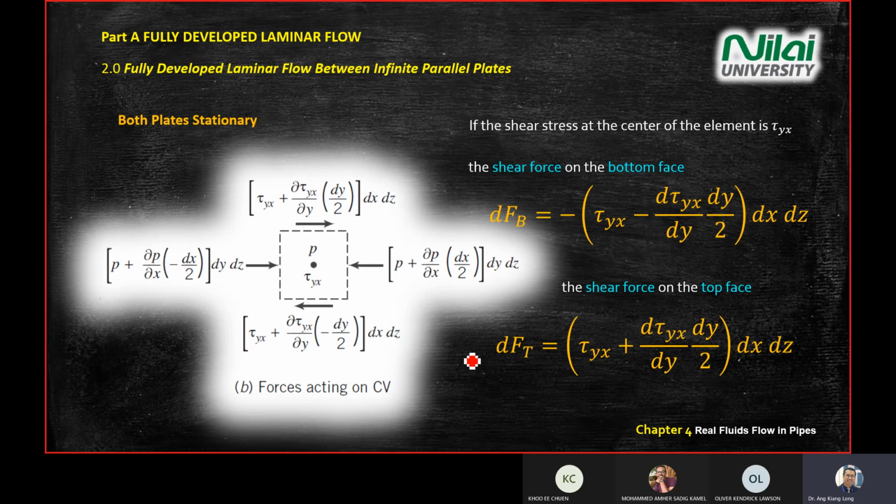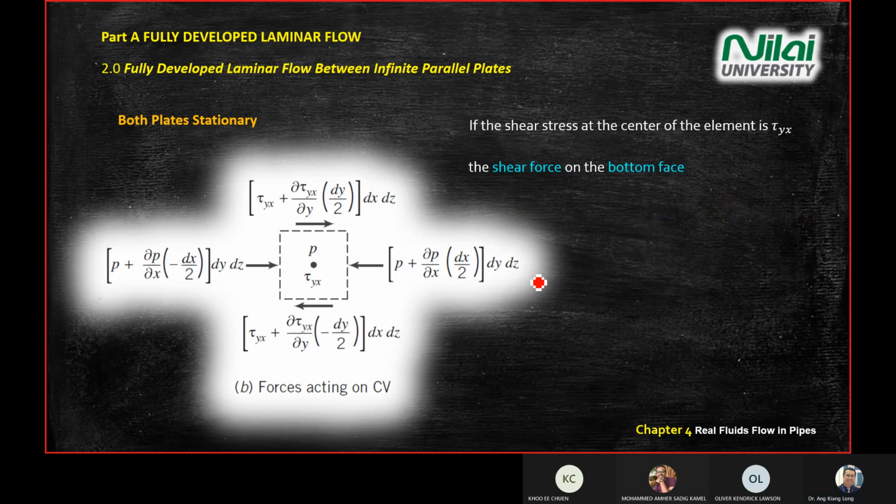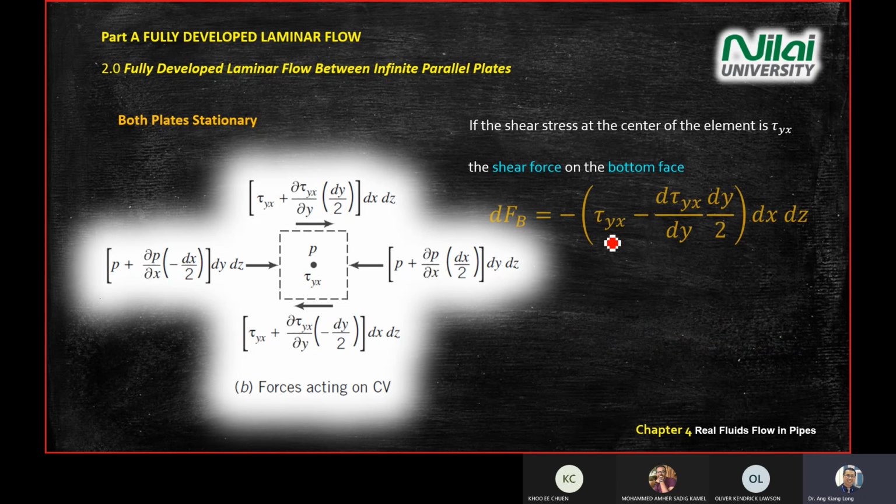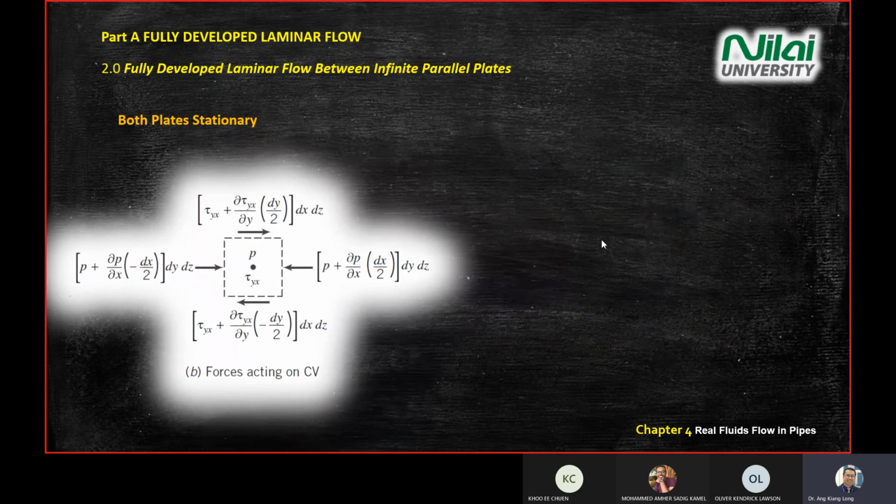Okay. And we know that the whole system is balanced, or we call it an equilibrium scenario, meaning that all four forces that you see just now, dF_B, dF_T, dF_L, dF_R, you add these four together and they equal 0. You sum all of them together, you arrive at this equation.